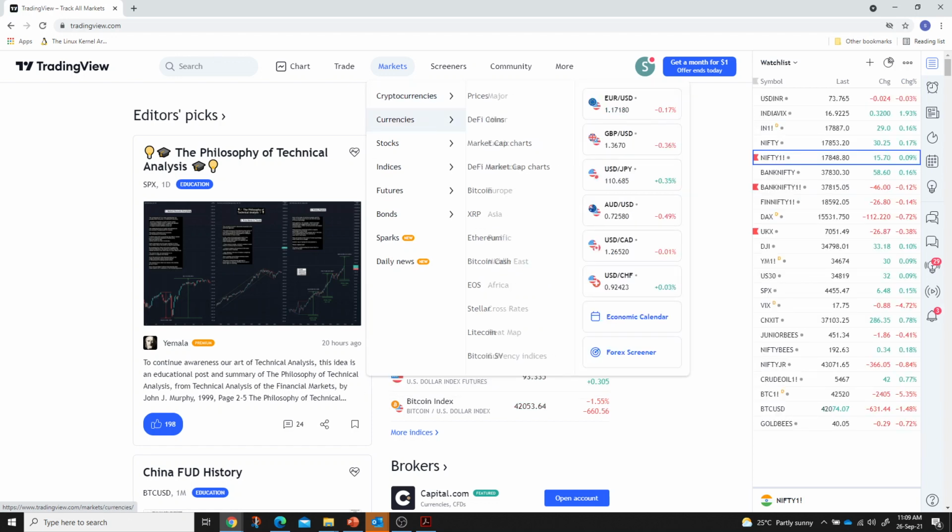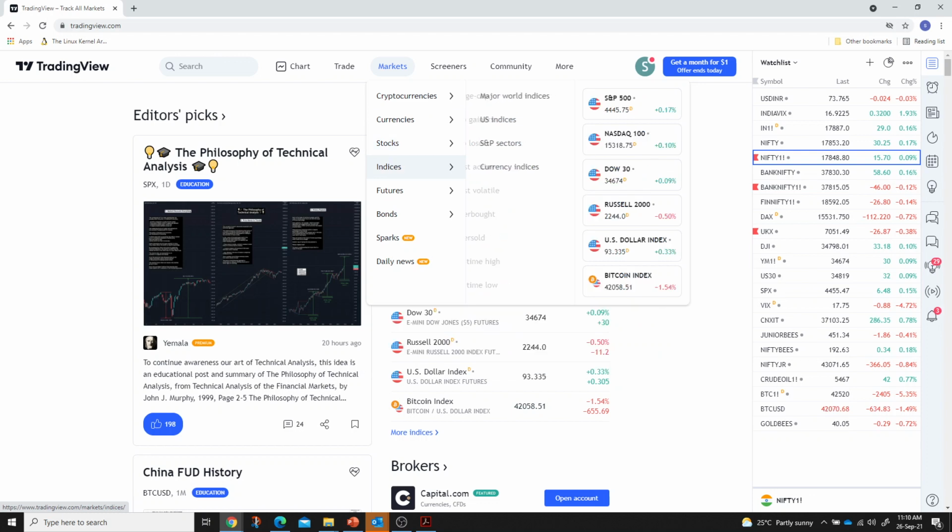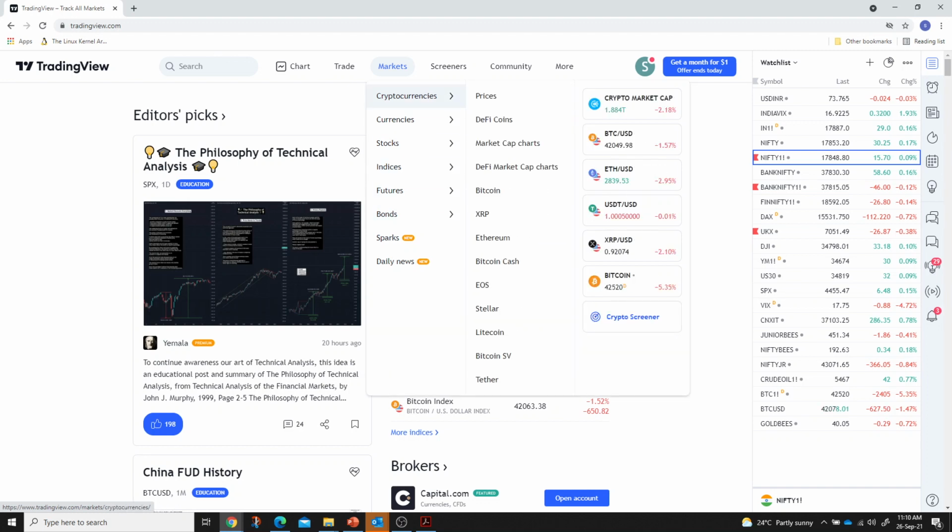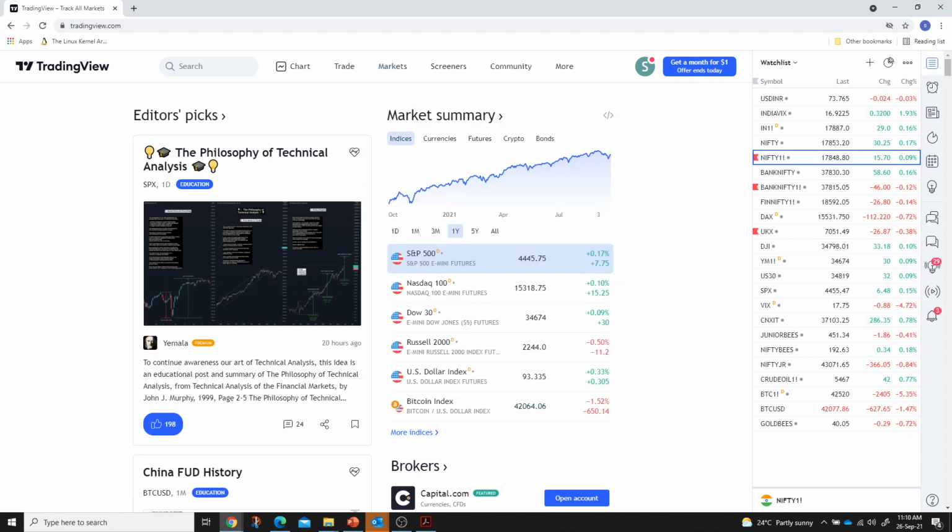For example, cryptocurrencies, currencies, so forex, then stocks, indices, futures, bonds, and so on. So even for bonds, there is Asia level, Europe, and so on. So it has got a whole lot of information which you can already start to use.